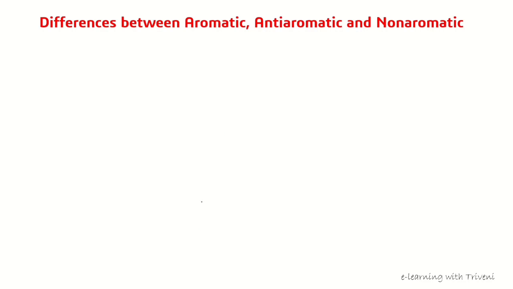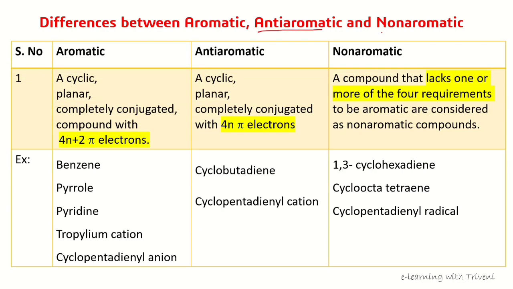Then the differences between aromatic, anti-aromatic and non-aromatic. Aromatic means, as we discussed till now, it should have a cyclic structure, planarity, a completely conjugated system and should follow 4n plus 2 pi electrons. Examples are benzene, pyrrole, pyridine, tropylium cation, cyclopentadienyl anion.